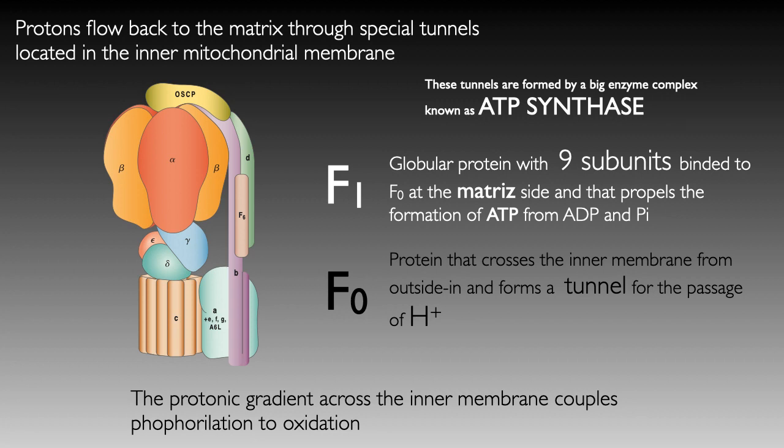This is the enzymatic portion of the ATP synthase that catalyzes the binding of ADP and inorganic phosphate and forms ATP. F0 represents the portion of the ATP synthase that crosses the inner mitochondrial membrane and forms a tunnel to permit the passage of protons to the matrix, pushed by their electrochemical gradient.